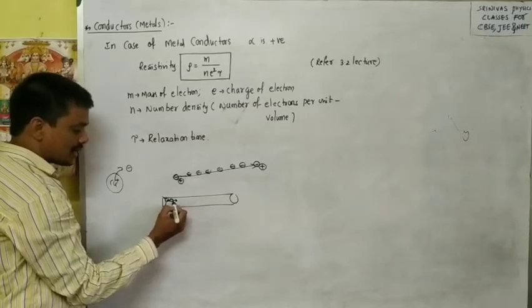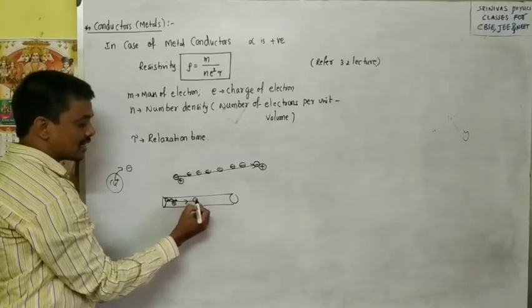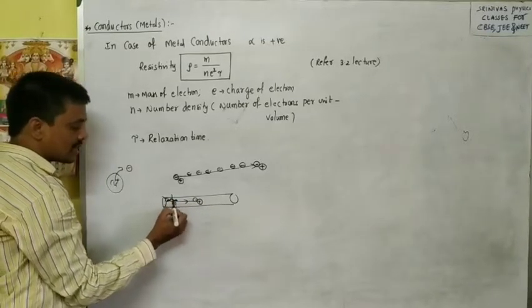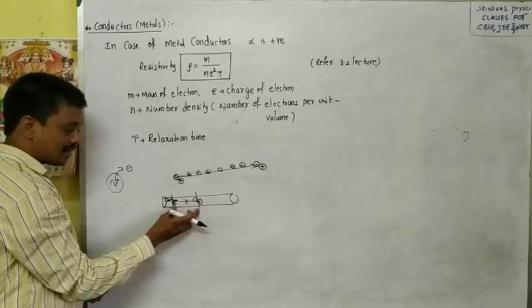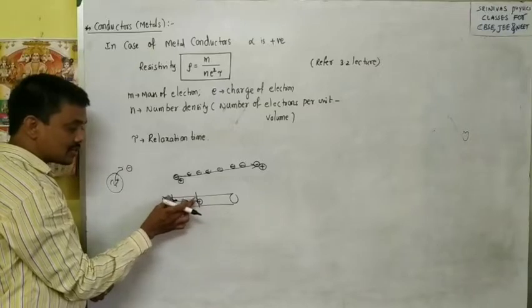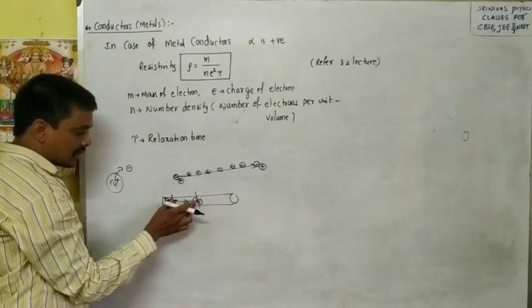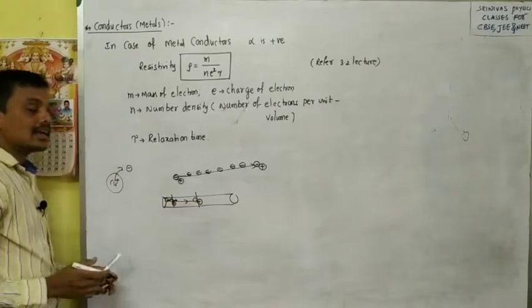Here the electron collides with a copper ion, then after going a certain distance, it again collides with a positive copper ion. This is the time interval between successive collisions of electrons with the positive ions, and this time is called the relaxation time.